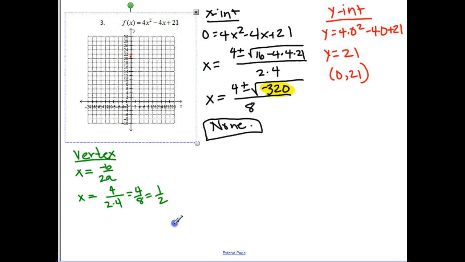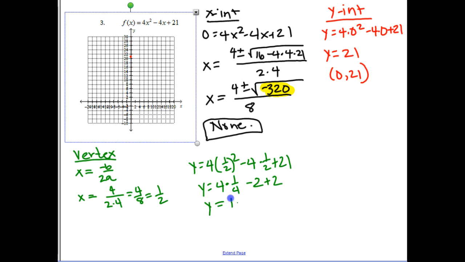Now to find the y-coordinate, we're going to substitute. The y-coordinate is going to be 4 times 1/2 squared minus 4 times 1/2 plus 21. 4 times 1/4 minus 2. So 1 minus 2 plus 21.